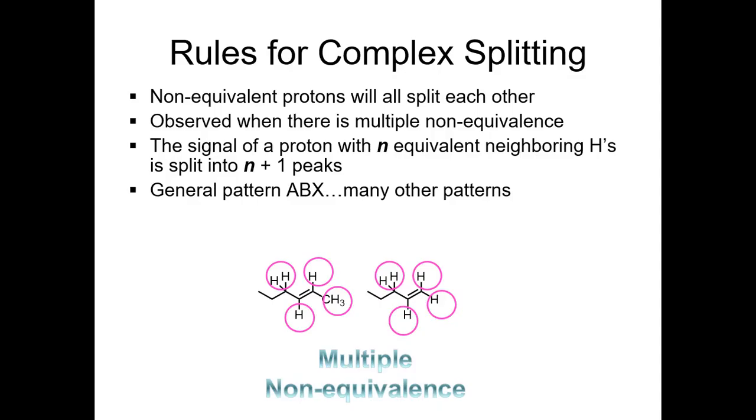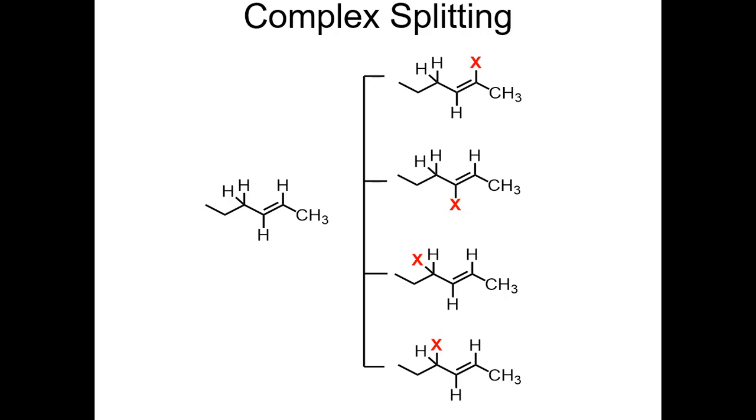Okay, so let's look at these alkenes, and I'm going to talk about how you see non-equivalence there, right? So if you look at the alkene, notice there are two protons on the double bond here, and here. And then also there are 2 protons adjacent to the double bond here and here.